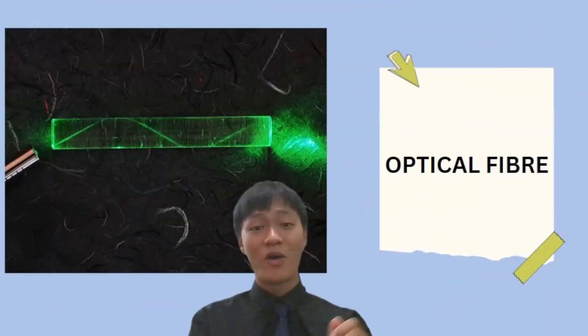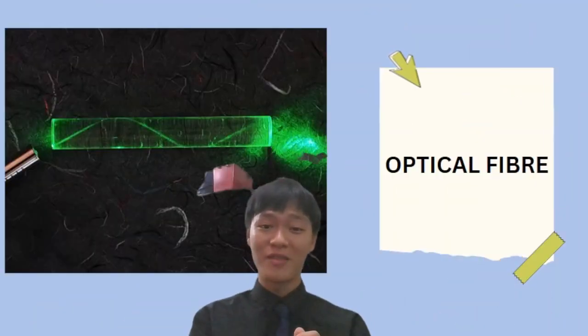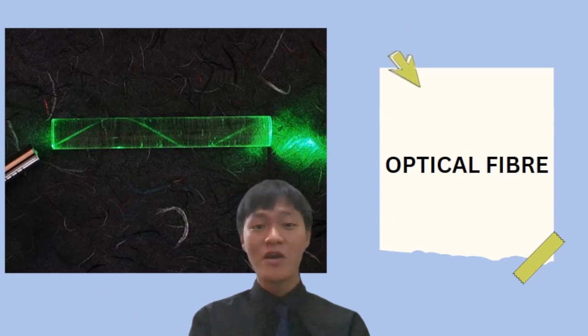Now, let's look at the application of total internal reflection in our daily life. Optical fiber is one of the applications in our daily life which uses the concept of total internal reflection. Now, let's see how it works.